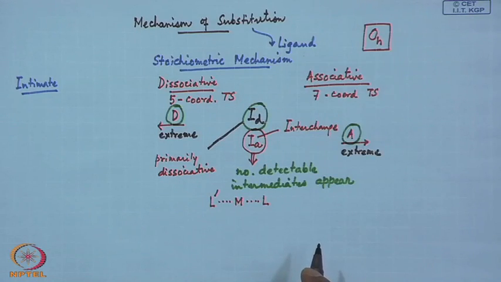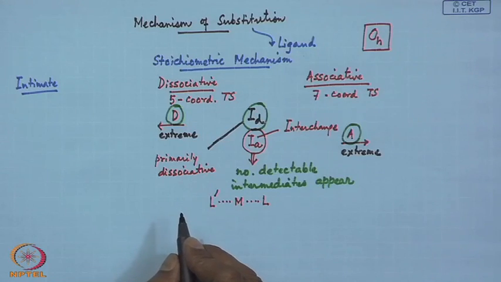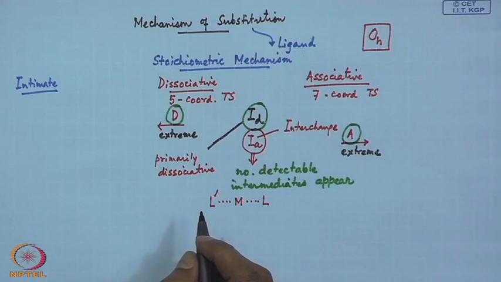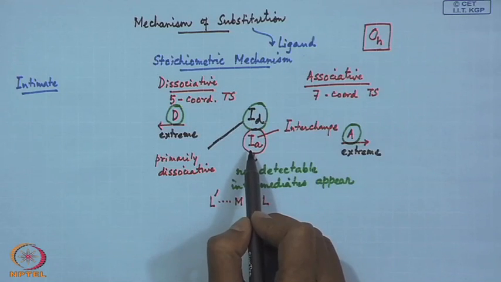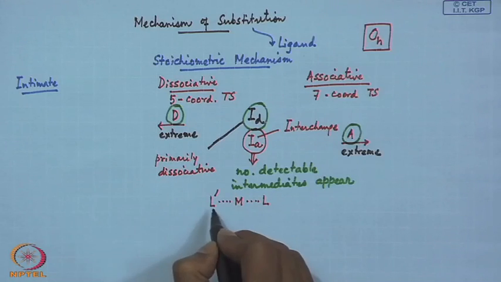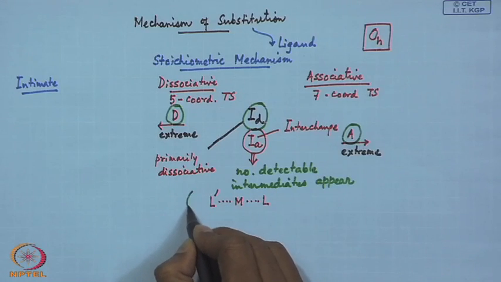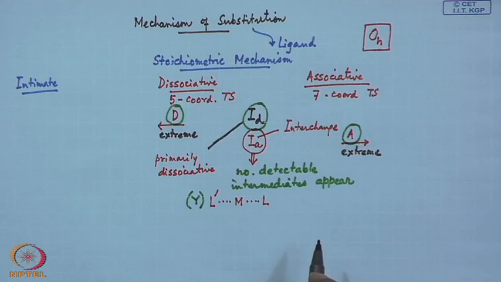When kinetic evidence points to association or dissociation, but detection of intermediates is not possible, we get either D or A or IA or ID. So, when we bring this in, this L prime can be a capital Y.